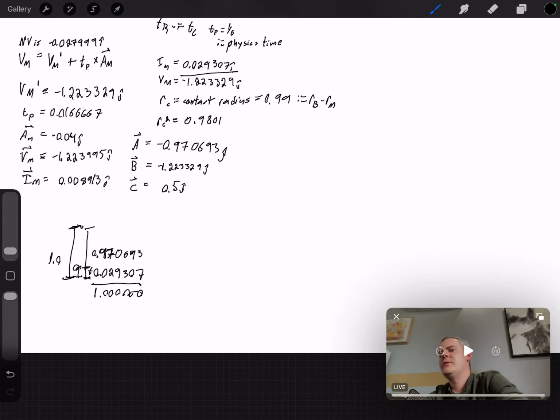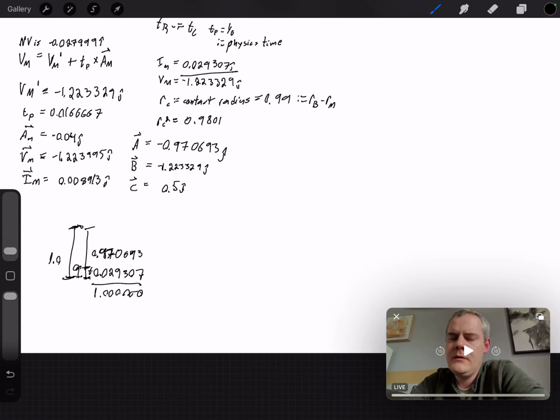What does that mean? 0.5. I've written here relative acceleration is equal to 0.5 times smooth gravity minus ball acceleration. What have I done here? I wasn't supposed to use smooth gravity.